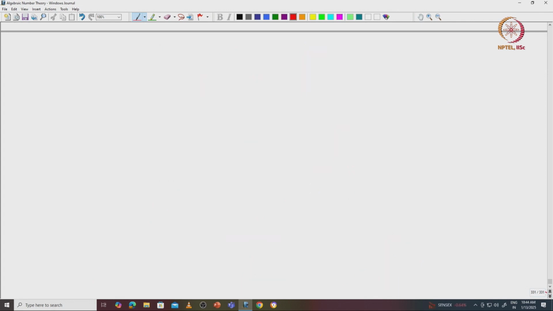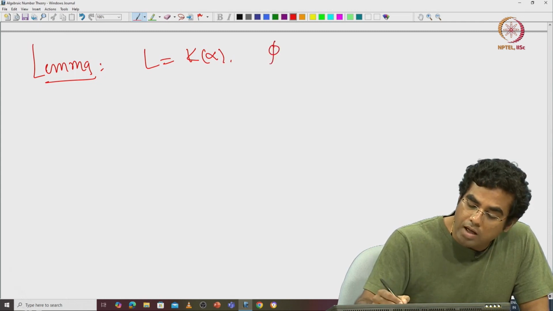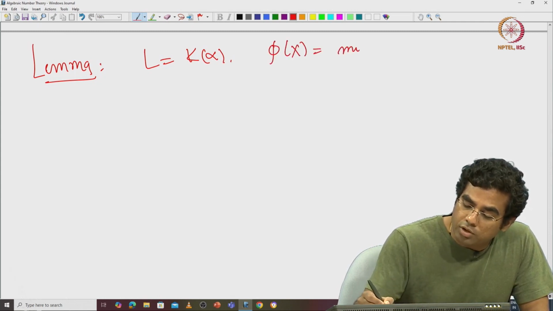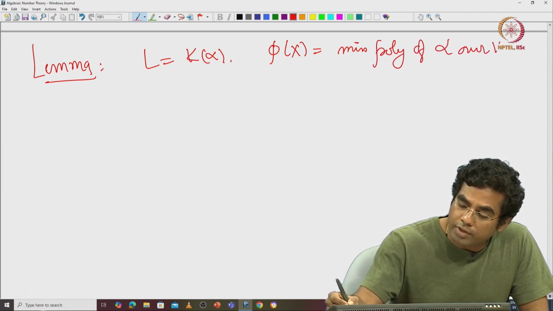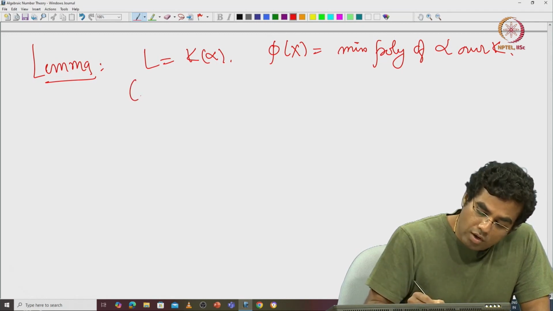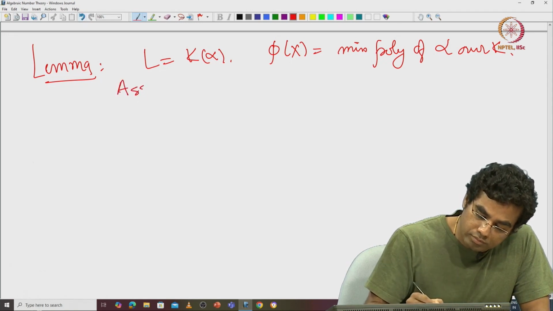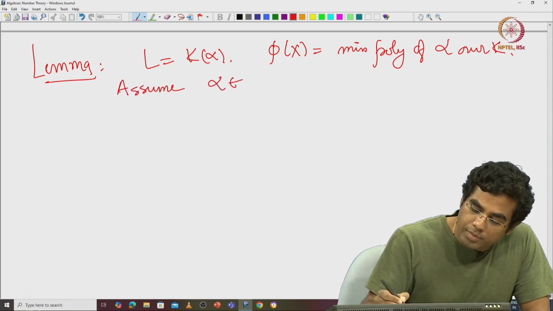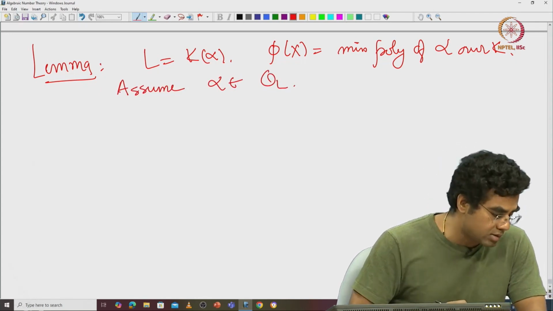Okay. So, let me write a lemma now. L is, let us say, K(alpha), and phi(x) is the minimal polynomial of alpha over K. Now assume that alpha belongs to O_L. We can always assume this by clearing the denominators.